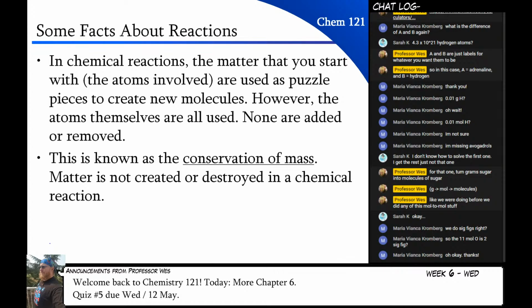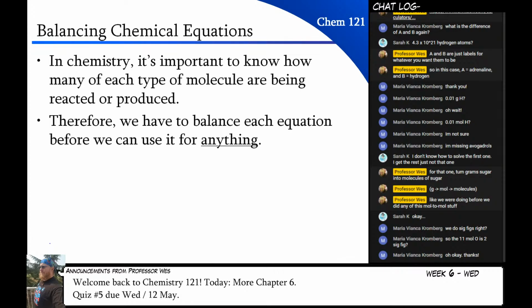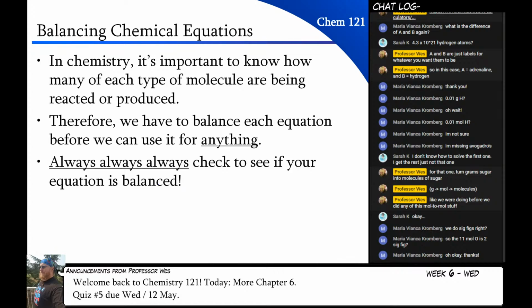Balance the equation. It's really important that if we're going to be using these equations for anything, like to model what's going on or to do a calculation, we have to have it balanced, because if it's not balanced, you're going to get an invalid result. So always check to make sure your equation is balanced. First thing, look at the equation. Is it balanced? If it's not, you're going to get the wrong answer.